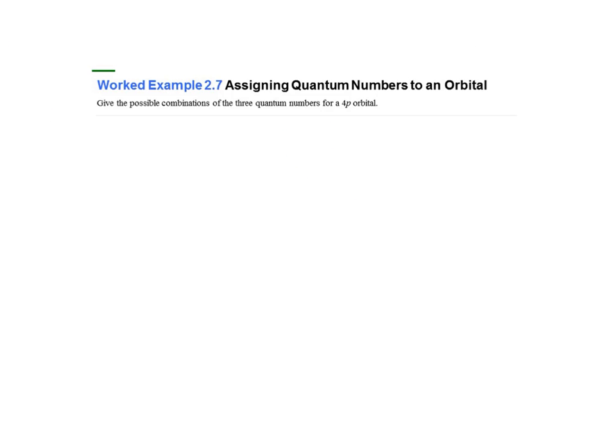Ooh, the gift that keeps on giving. Give all the possible combinations of the 3 quantum numbers for a 4p orbital. Well, if I'm in the 4p, if I have 4, that means n equals 4. If I have a p, that means L is equal to 1. And now my M sub L values are dependent only on my L values.